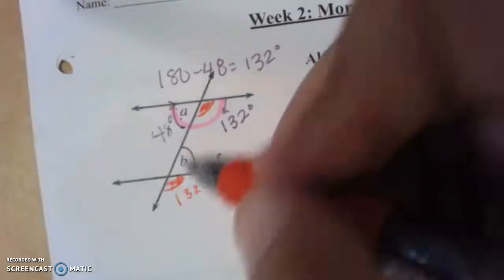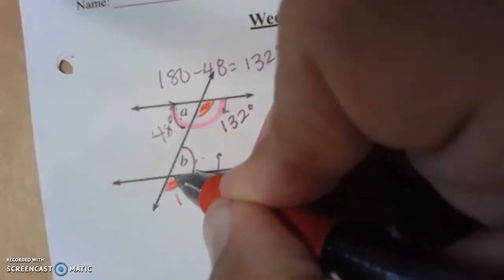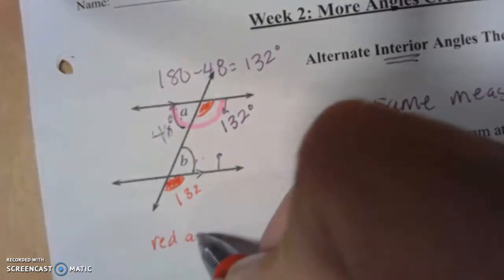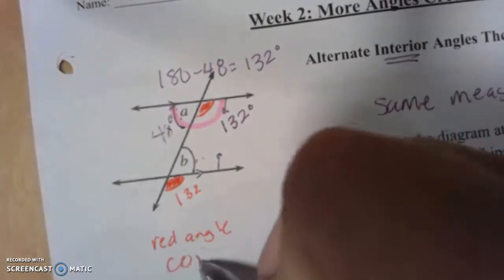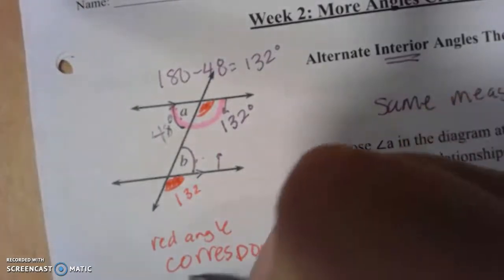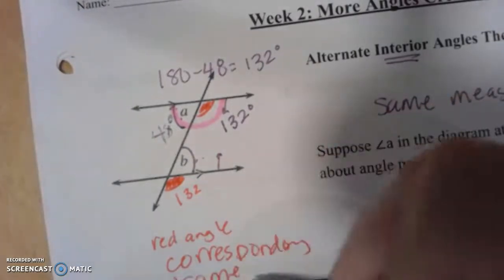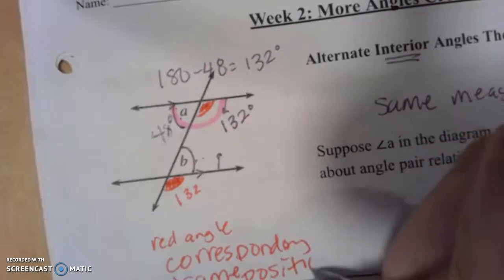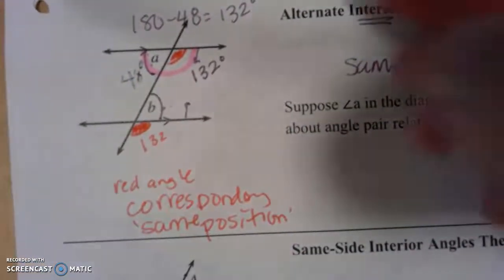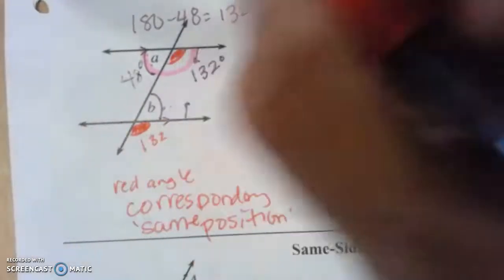We already talked about corresponding. So I'm going to shade that in red. The red angles are corresponding angles. Okay, they're sitting in the same position. So these red angles, they're both 132.